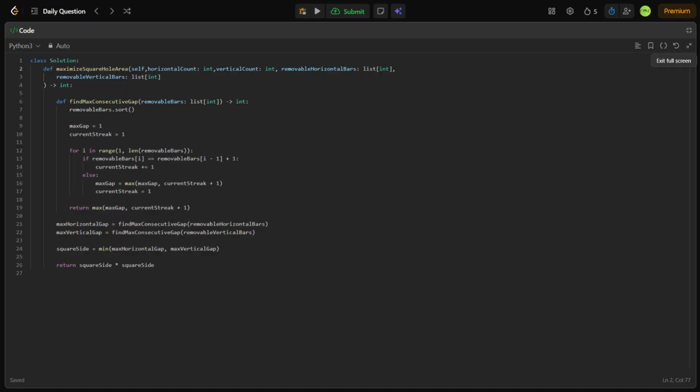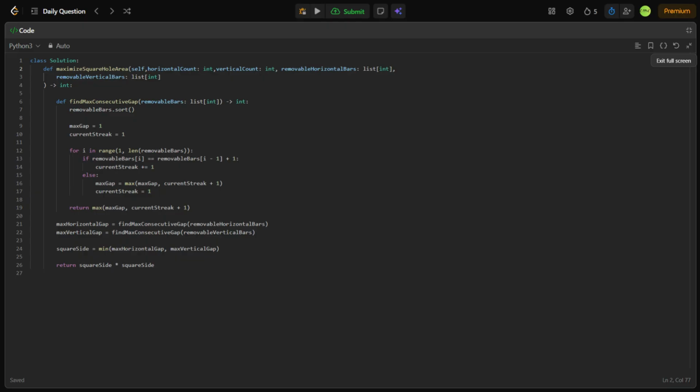The solution is about finding the largest square-shaped hole we can create inside a grid by removing some allowed horizontal and vertical bars. We are given a grid formed by horizontal and vertical bars. Two lists. Bars we are allowed to remove horizontally. Bars we are allowed to remove vertically. Our task is to remove some of these bars and return the maximum possible area of a square hole.